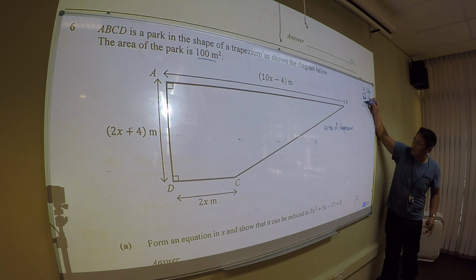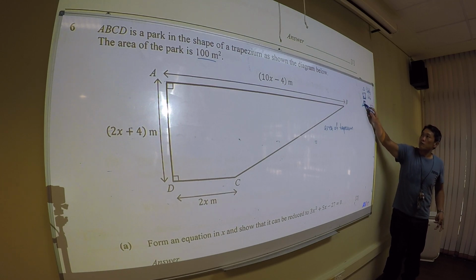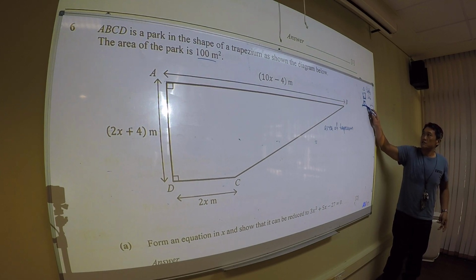In your trapezium, there will be parallel sides, and there will be a distance between the parallel sides. So again, we are finding perpendicular distance multiply perpendicular distance.